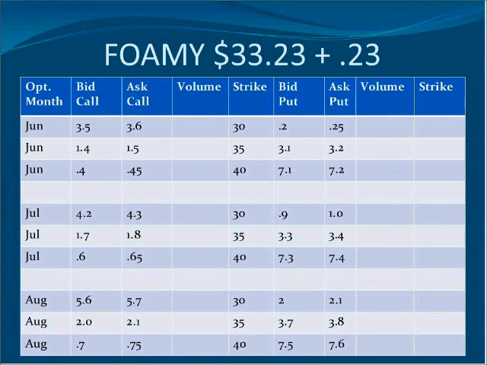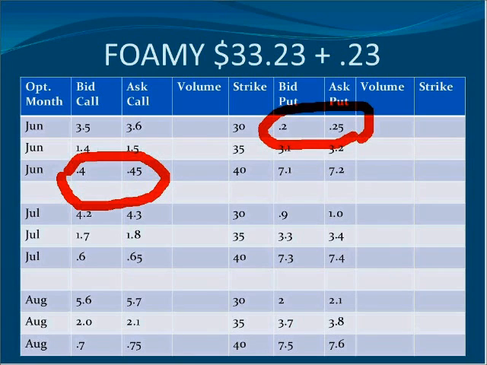Let's say we look at these calls here, the June 40 level calls, and the stock is 33. The stock is only $3.23 away from the price of 30, and it's $6.77 away from 40.